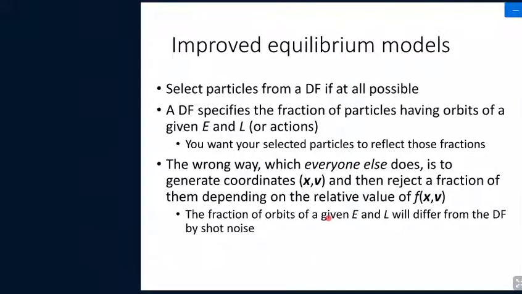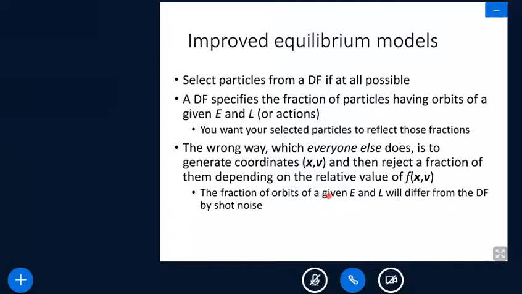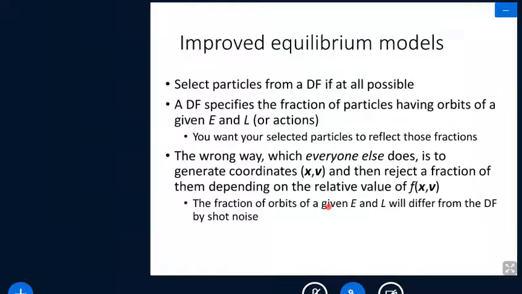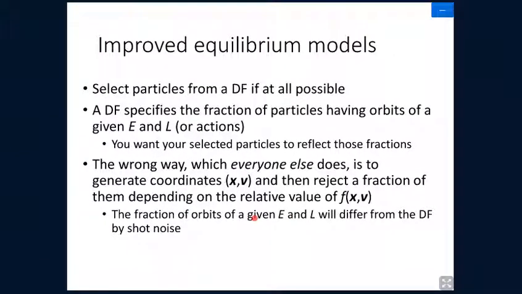Now, another very important way of doing good quality work with n-body simulations, if you want to start from an equilibrium model, is to select particles in a careful manner. If you want to start from an equilibrium system, you really should, if you possibly can, find a distribution function that's appropriate for that system, whether it's a disk or a sphere or whatever else it is.